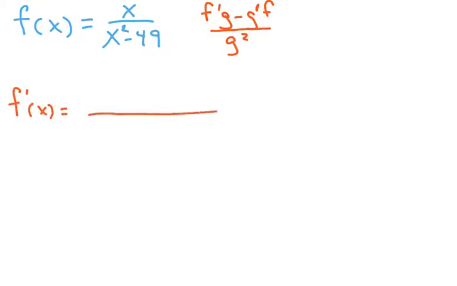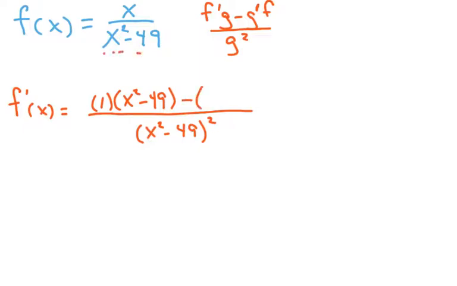Draw my great big divide bar, put the denominator down here, and square it. The derivative of the numerator is just 1 times the denominator minus the derivative of the denominator, which is just 2x, times the numerator. Okay, that's the first step.